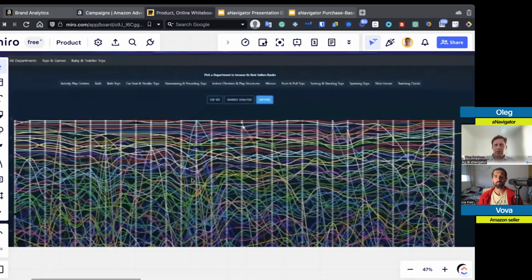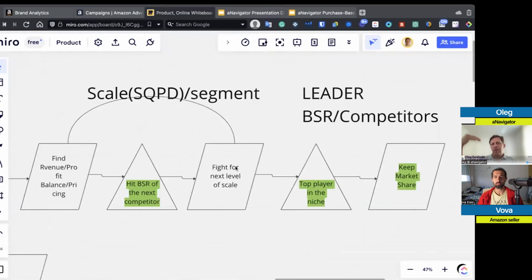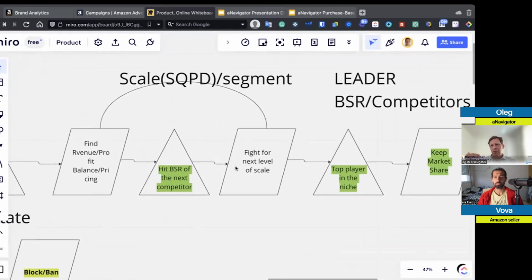Then we get to stage number 4, the next level. Again, just focus on this barbecue grill brush: you are in the middle of the first page, but someone very similar to you is a little bit above.